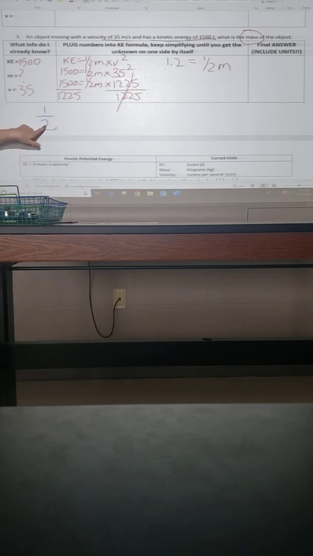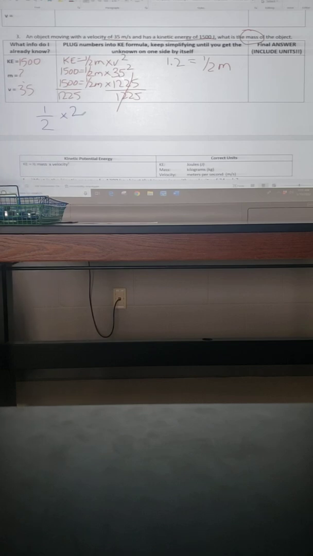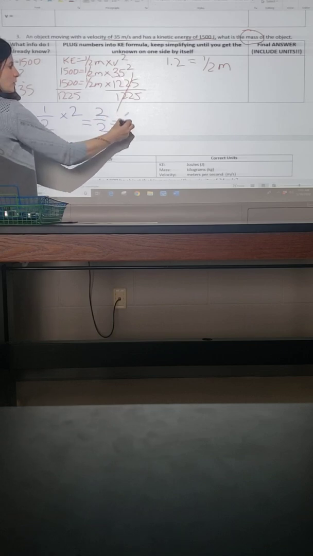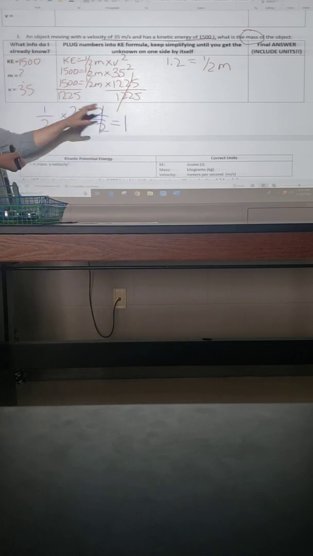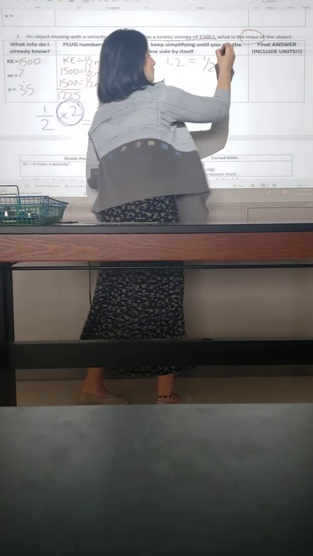1/2 is really dividing by 2. You're taking 1 and dividing it by 2. If we do the inverse of dividing by 2, it's multiplying by 2. So if I do that, I end up with 2 over 2, which cancels to 1. So that's why multiplying by 2 will get rid of that.